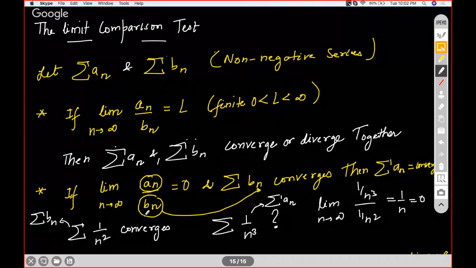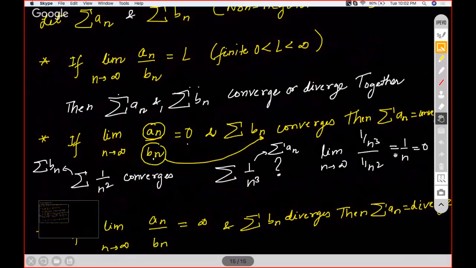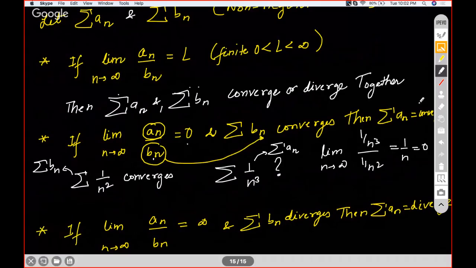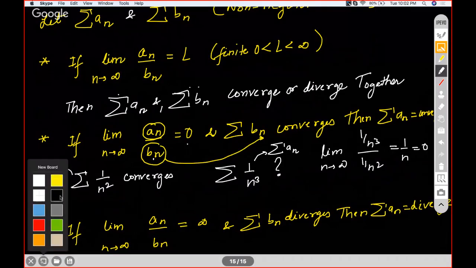Now you perform this test, and let's say an by bn comes out to be infinity. What will you conclude then? It doesn't fall in any of the categories, right? It should be either finite or zero. So this test comes with a cost of predicting a series.